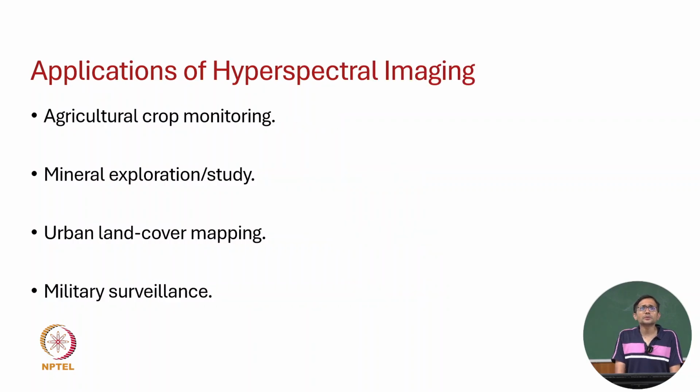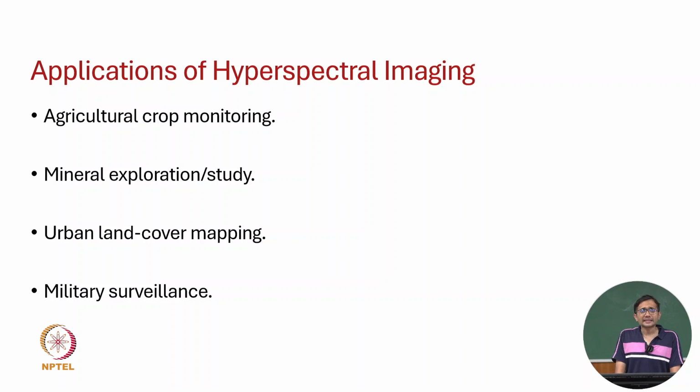To think a bit about the applications of hyperspectral imaging, it's quite useful in agricultural crop monitoring. If we have to differentiate between different crops which probably look quite similar in RGB or multispectral images, we can use hyperspectral images, and there most of the time they will show some difference.